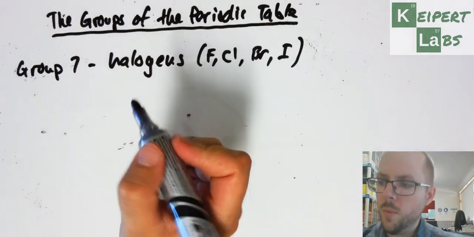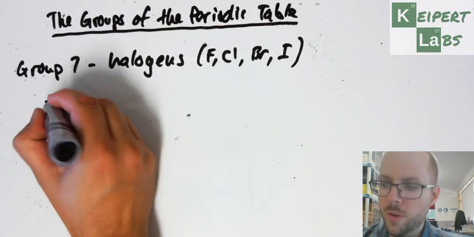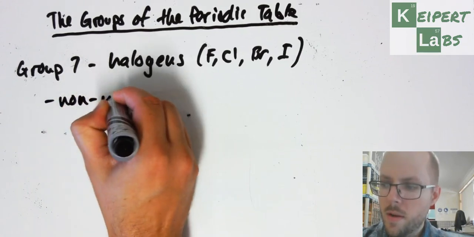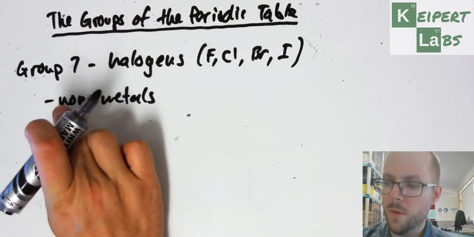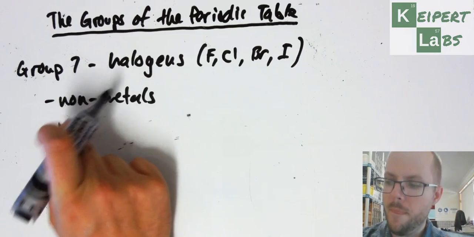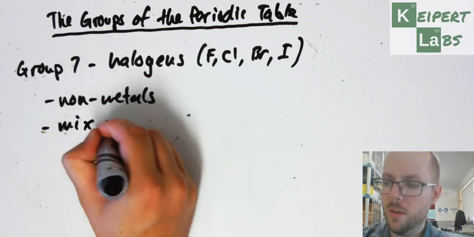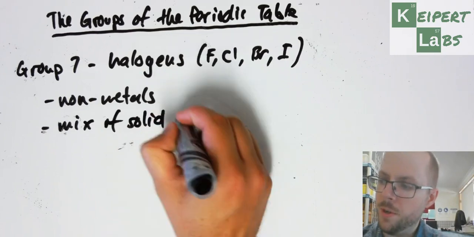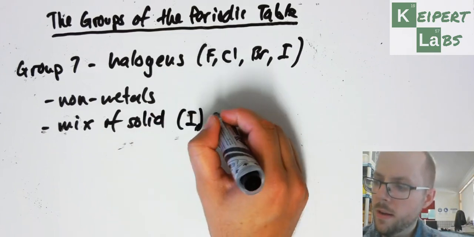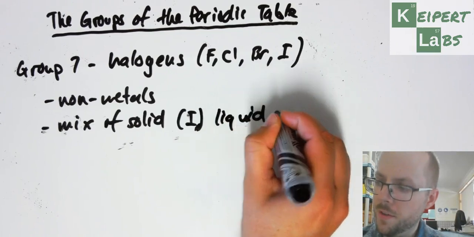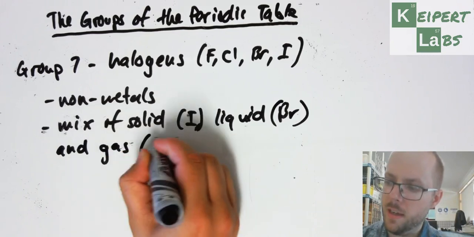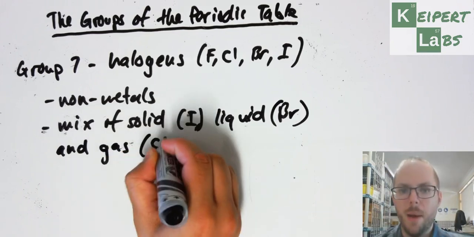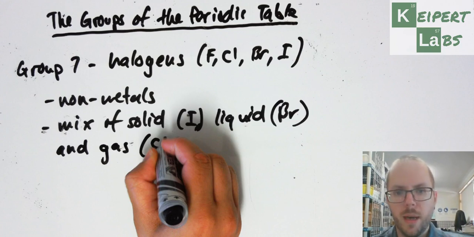Okay, so when we're looking at halogens, we're talking about non-metals. Their behaviour is very different. We say a mix of solid, which is iodine, liquid, which is Br, and gas, which is our Cl and our F. So some of them are solid, some of them are liquid, some of them are gas.